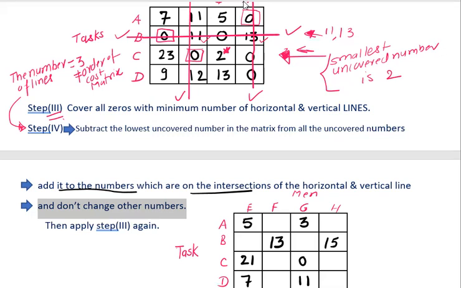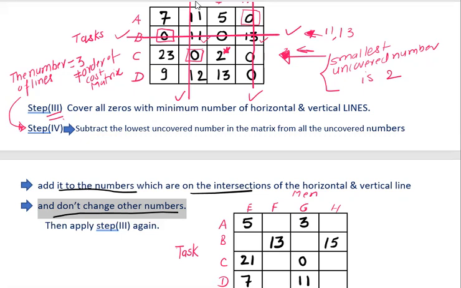What about the remaining numbers? Do not change other numbers. The other numbers on the lines will not change. So 0, 0, 13. Sorry, 13 is on the intersection. This 0 is not on the intersection, this 0 is not on the intersection, but it is on the line.